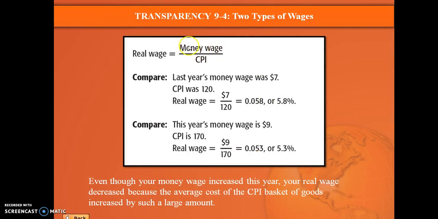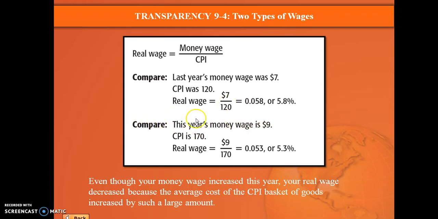If you take your money wage, it's got to be the same units. It's got to be either dollars an hour or salary. So if your money wage is $7 an hour, which we have here, and the CPI is 120, your real wage equals $7 divided by 120, and that gives you a real wage rate of 5.8, just moving the decimal over 2 spots.